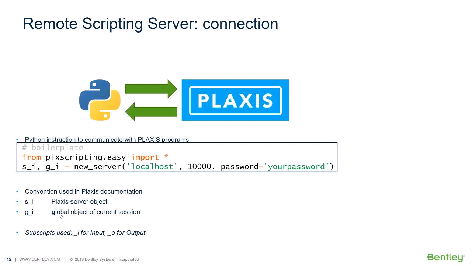Basically, this means the open Plaxis model that you're currently dealing with. Also subscripts that we use: if you use _i, it refers to input, and if it is _o, it refers to output. So that's the convention that we use in our Plaxis documentation.